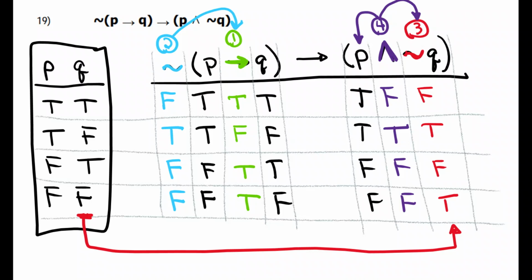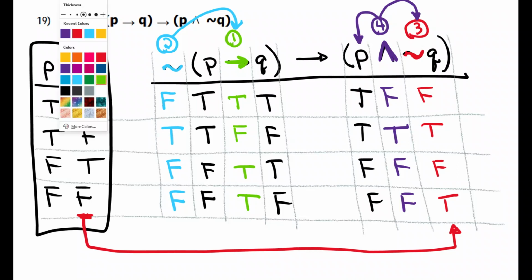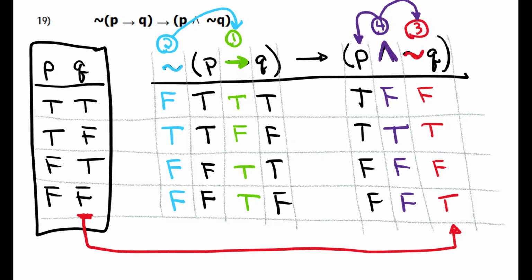And then that brings me to my last step, which I'll do in a hot pink color. I've got this if then symbol here. This is going to be step 5. And to get this column, I have to compare the last thing I did over here, which was this blue column.